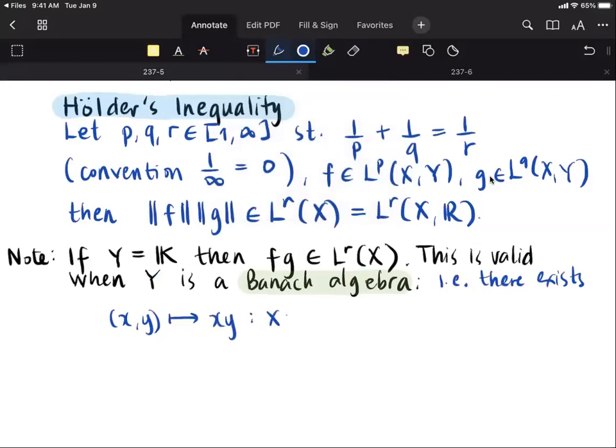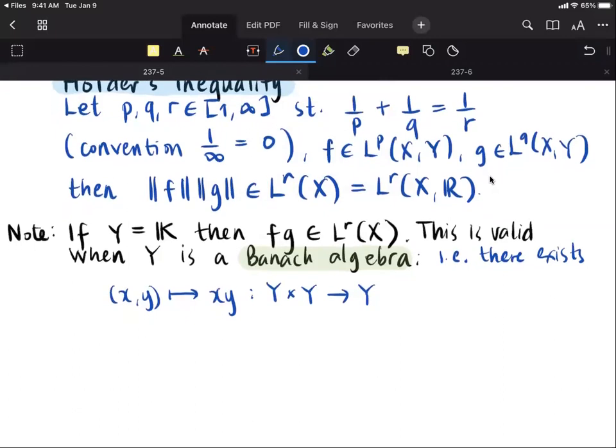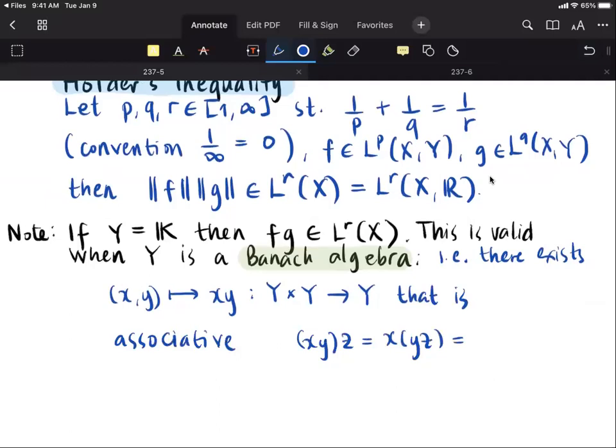So this is a function from, let's say, Y cross Y to itself. That is associative. So let us put it here. Associative, meaning (xy)z is equal to x(yz).